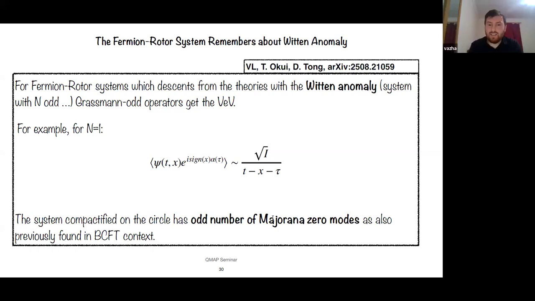So what is it that's causing the VEV? Can you explain what is leading you to the conclusion that there's a VEV? Just a calculation of the correlation function. You just calculate the 1-point function with all this stuff, and you get this result.